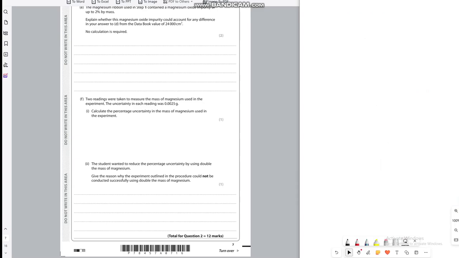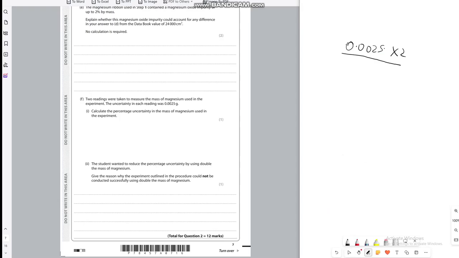Next, they say two readings were taken, so the uncertainty has to be multiplied by 2. So when calculating the percentage uncertainty, it's 0.0025 into 2, divided by the reading.